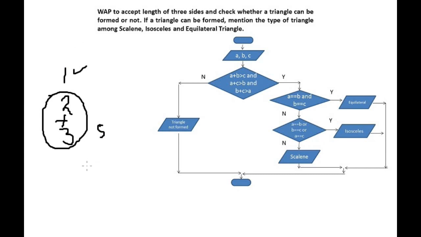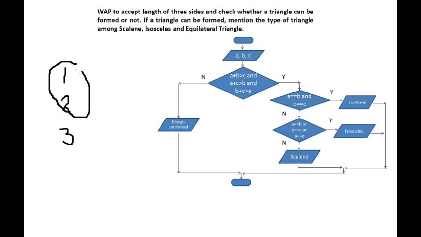So what is actually needed is to check it in all possible ways, like 1 plus 2 is 3, and 3 is not greater than 3. So in that case the triangle is not possible. So if any of the 3 aspects, A plus B greater than C, A plus C greater than B, or B plus C greater than A, fails, then we will say that the triangle is not possible.